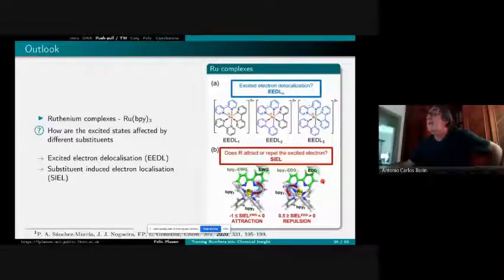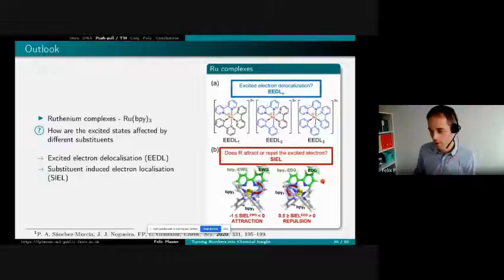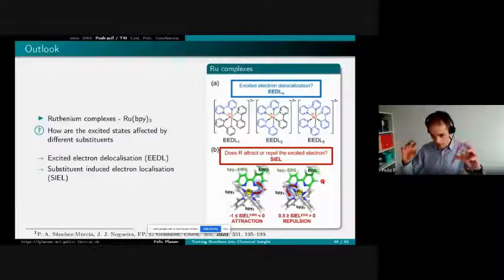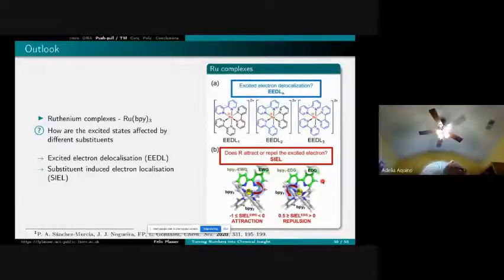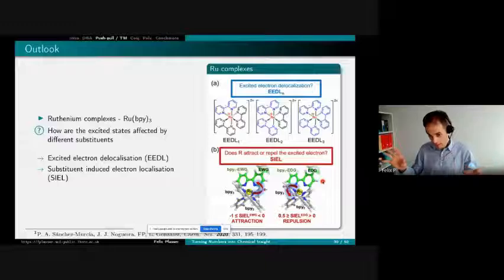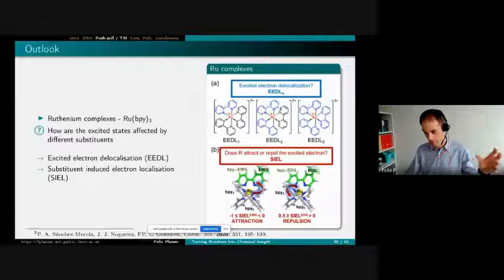Of course, we're analyzing individual excited states. So the problem is that if you want to assign some kind of effect to a group, you have to average over the excited state. So it's not completely direct.